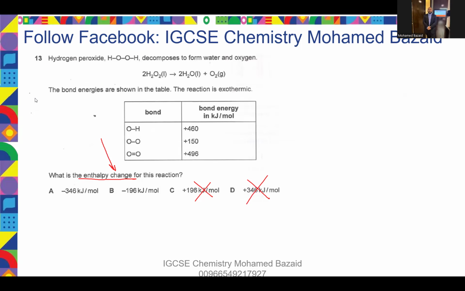H2O2. If you start to find the enthalpy change of this reaction, first of all, we have to draw the bond in H2O2, and we have to draw the bond in H2O, and we have to draw the bond in oxygen, as you see now.